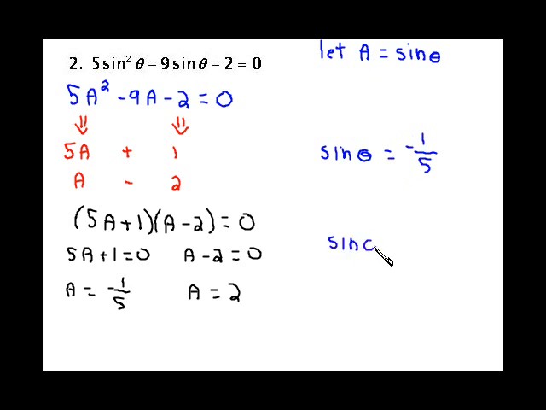The other is sine theta equal to 2. And we've got a problem right away. Sine ratio cannot be greater than 1. Your calculator will tell you this too. If you went second sine 2, it would shut you down. So there is no solution resulting from that ratio.